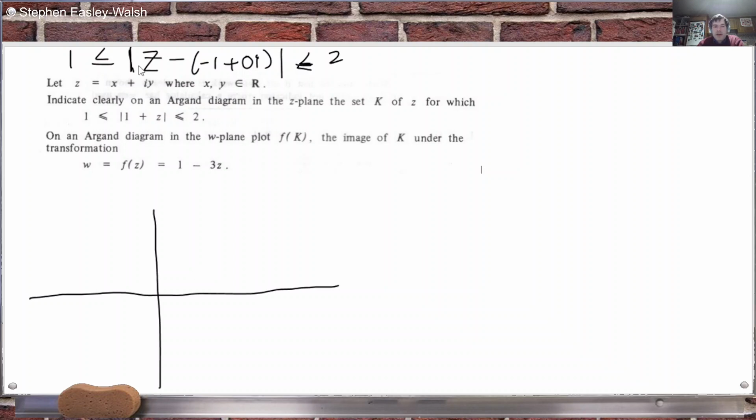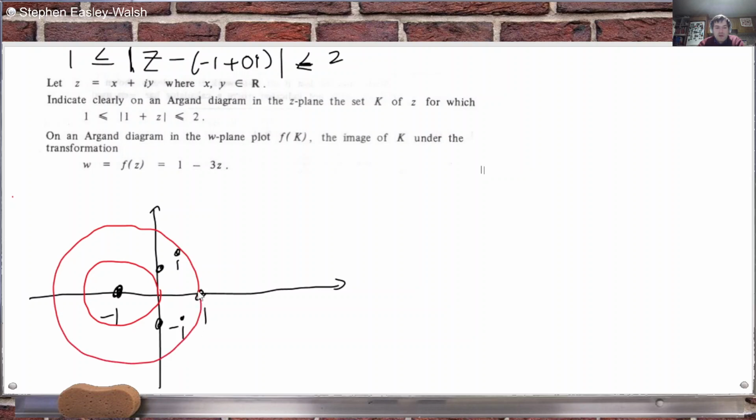So what you have here is a circle positioned at minus 1 plus 0i. And this circle has a radius of at least 1, so it'll be like that, but at most 2. So it's a circle here, and this here, that's minus 2.